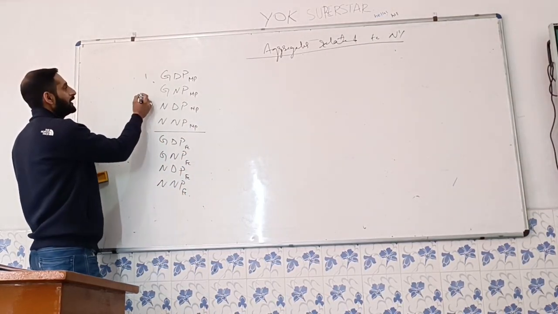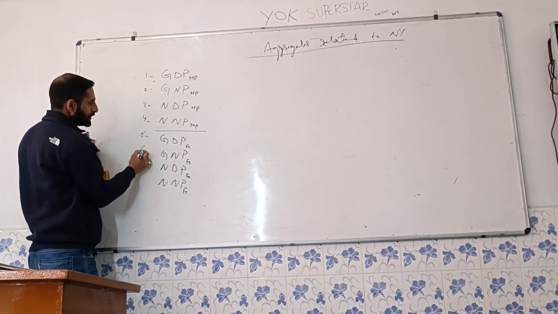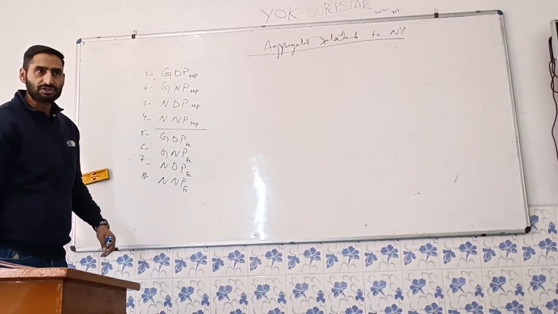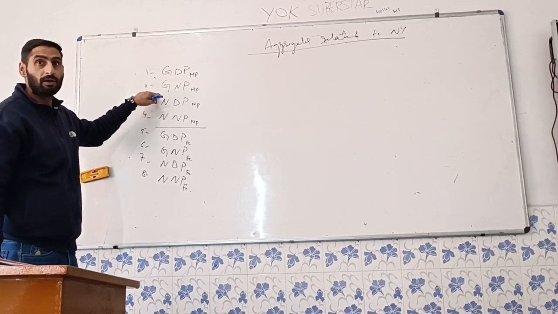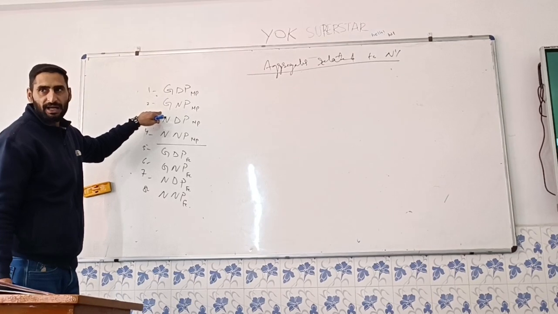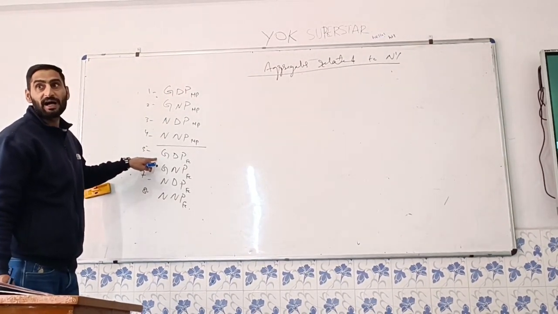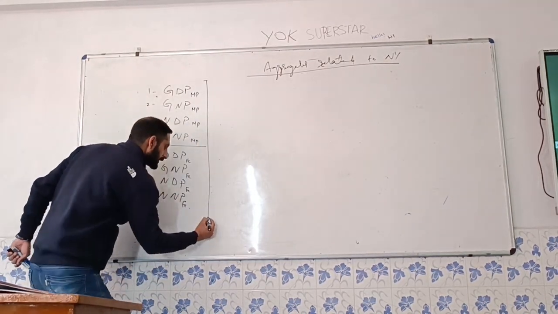So we have now 1, 2, 3, 4, 5, 6, 7 and 8 aggregates. 4 are at market price, 4 are at factor cost. So let us put them together like this.